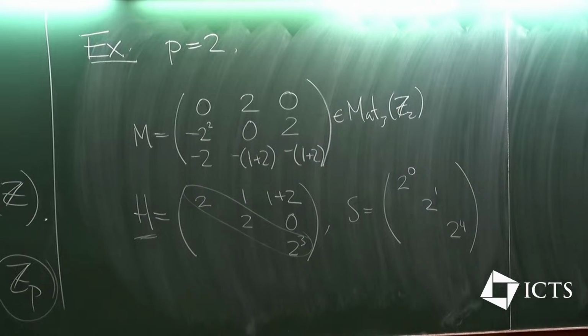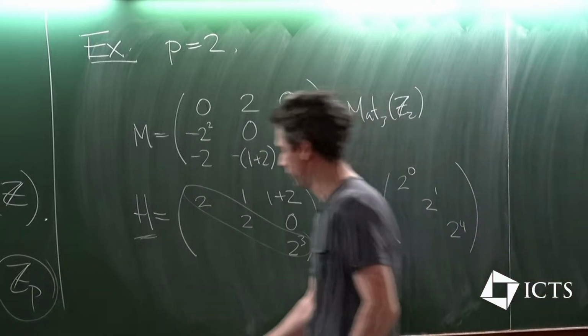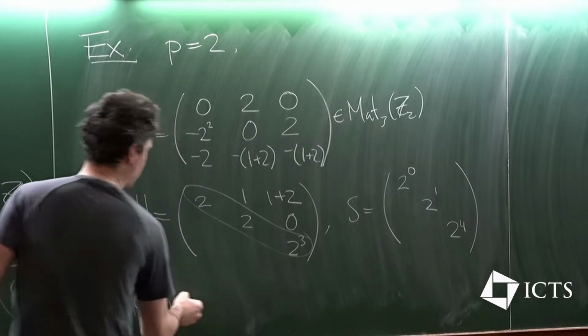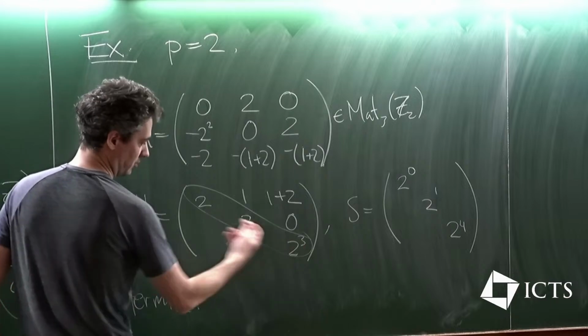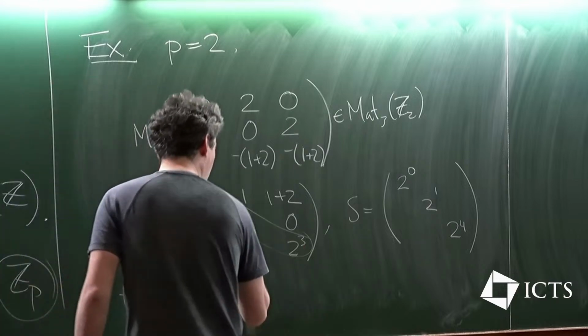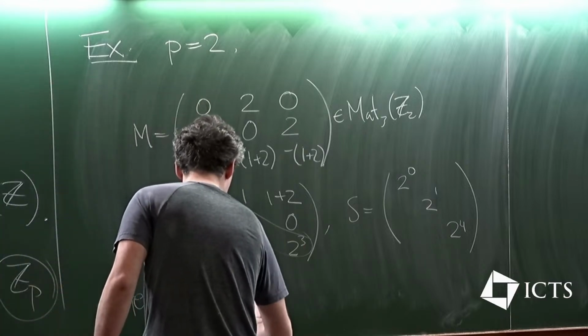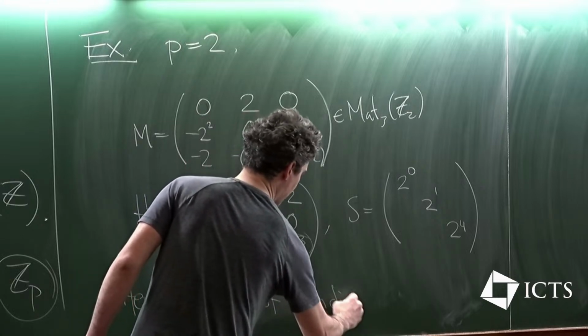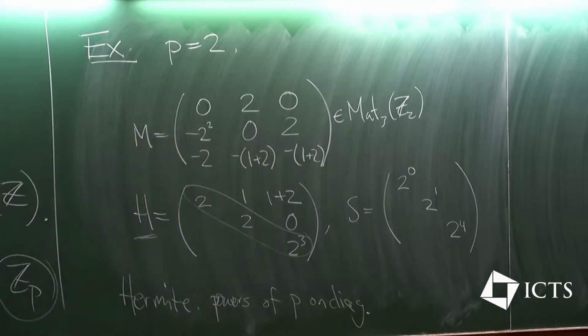Okay. Some notes. For Hermite over here, you'll note that the diagonal is all powers of 2. You can always do this, powers of p on the diagonal.